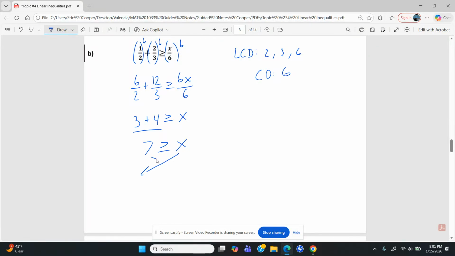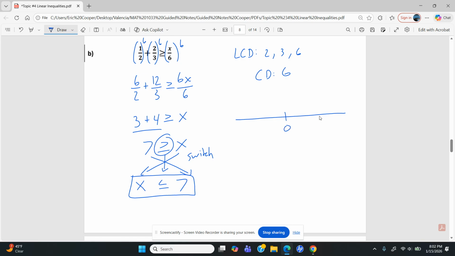So everything is going to switch. We're going to put the x to the left, we'll put the 7 to the right, but we're also going to switch the inequality sign. So the greater than or equal to is now going to become a less than or equal to. So I have x is less than or equal to 7. 7 is to the right of 0.